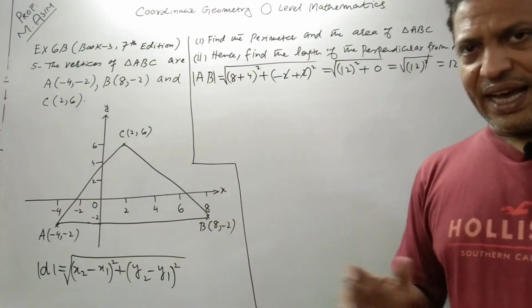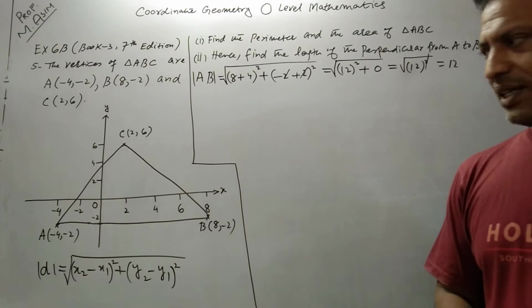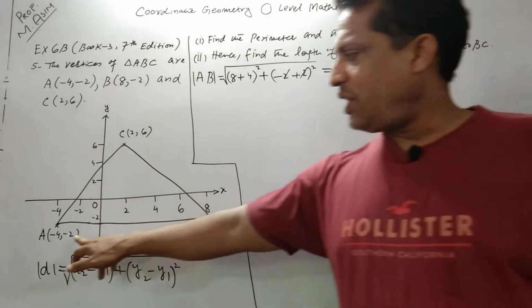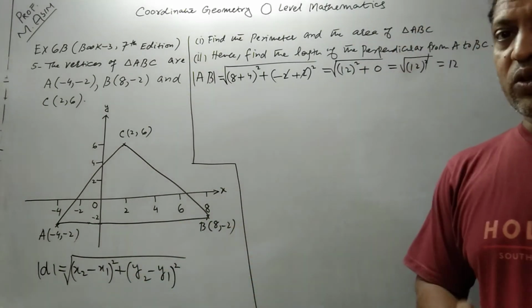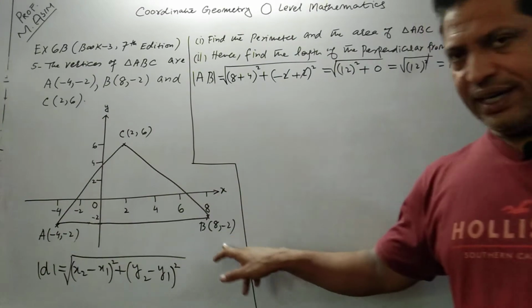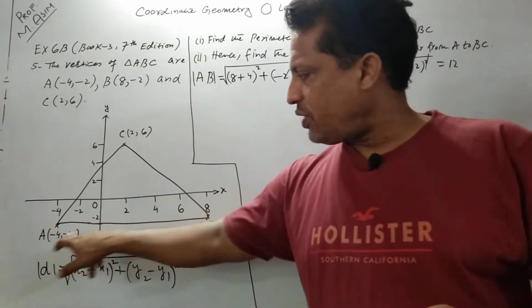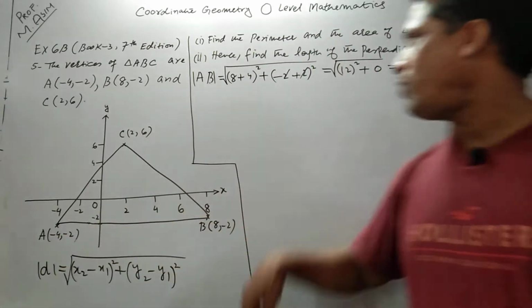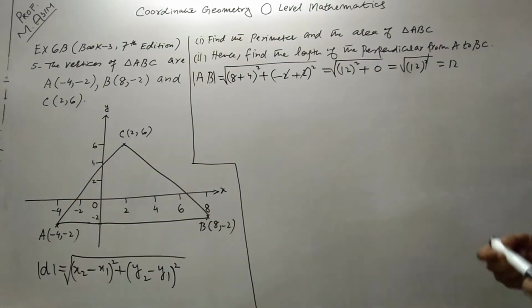Whenever the line is parallel to the x-axis, the value of y doesn't change. See, this is -2, this is also -2. Then from -4 to 0 is 4 and 0 to 8 is 8. 8 plus 4 is 12. You will get the same answer, 12 units.